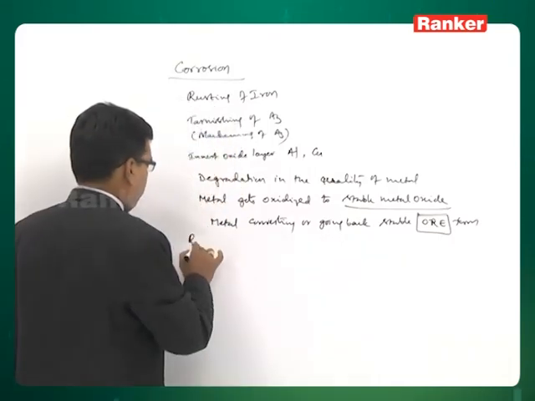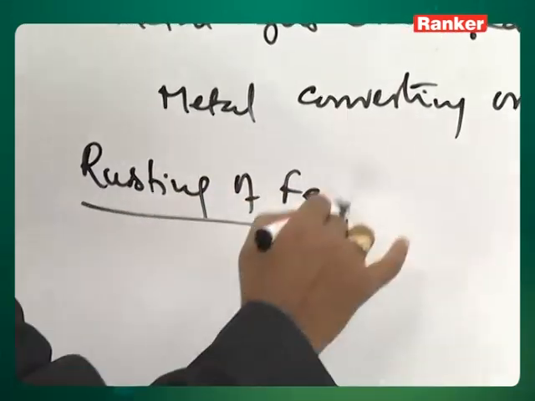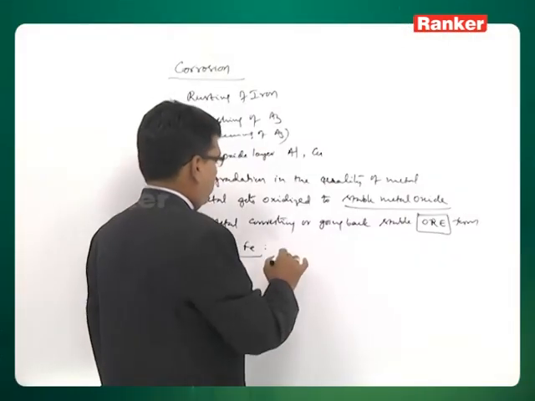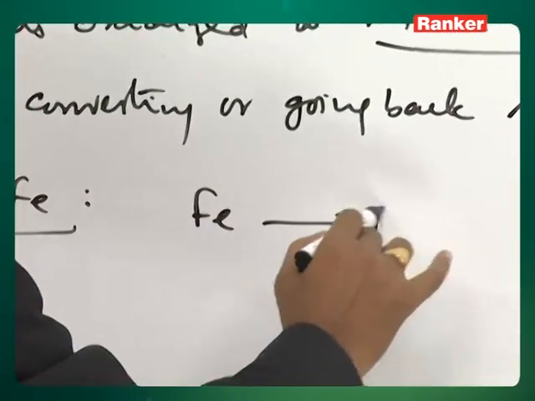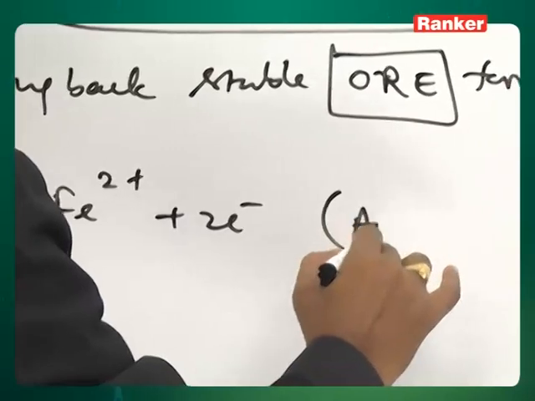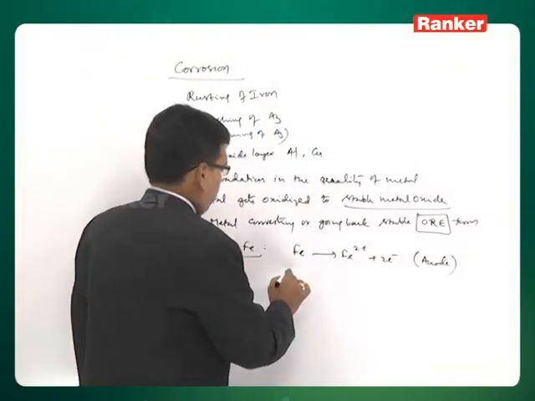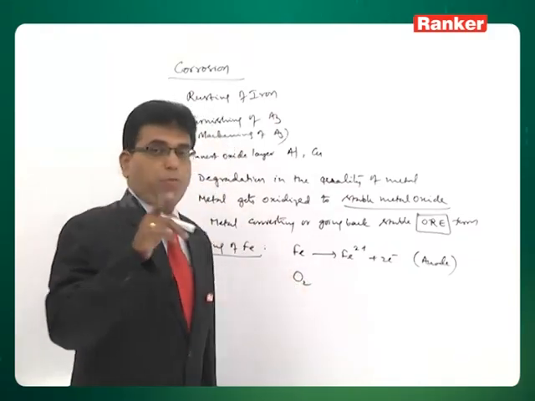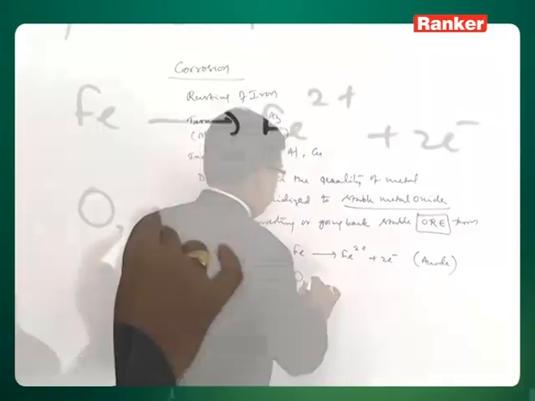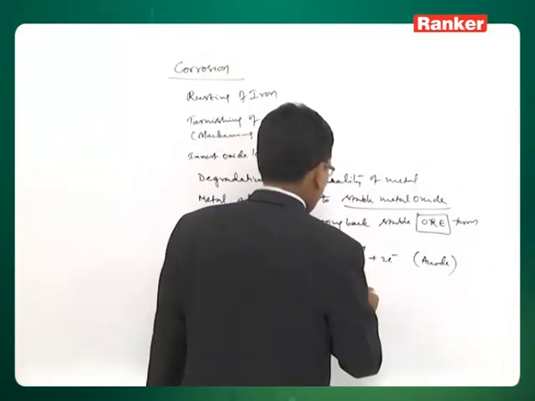Especially in the rusting of iron, if you see, iron gets oxidized to Fe2+. This is the anodic reaction, and this oxidation takes place when oxygen gas comes in contact with the iron metal, especially in acidic medium or even basic medium or even with water.